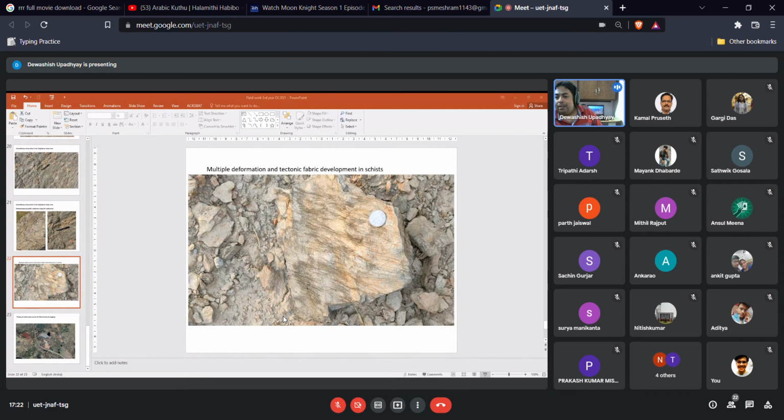And the third one is in the plane of the photograph, so it is top to bottom. Here you can see the two sets of lines: one is east-west, one is north-south, and the other one is in the plane.